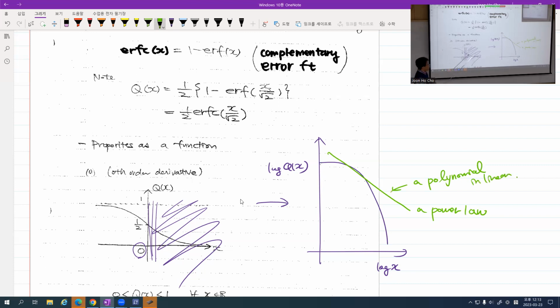So any high order polynomial is still a straight line, even though its slope can be different. What does this mean? The Q function goes to 0 very, very fast. Faster than any polynomial. So you remember what is the implication of this so-called waterfall curve? We call this the waterfall curve.